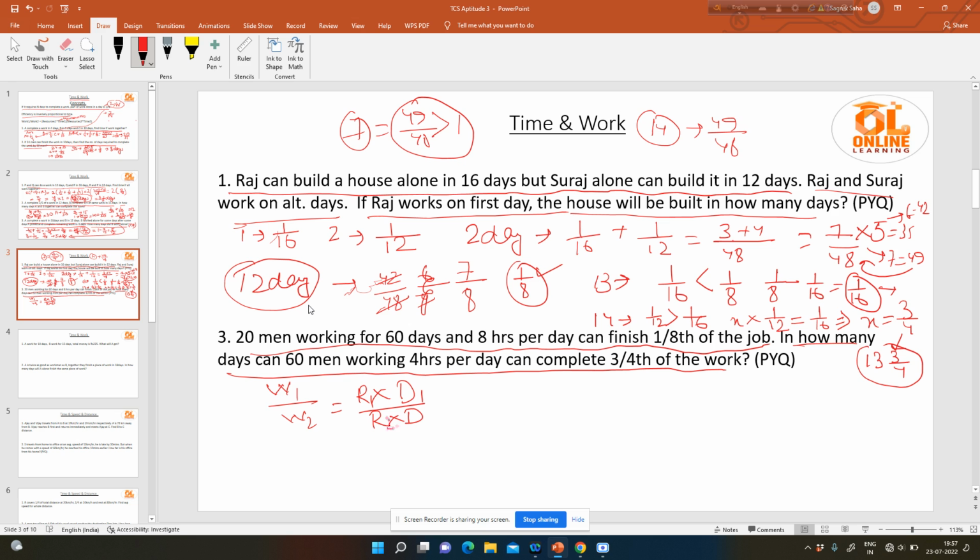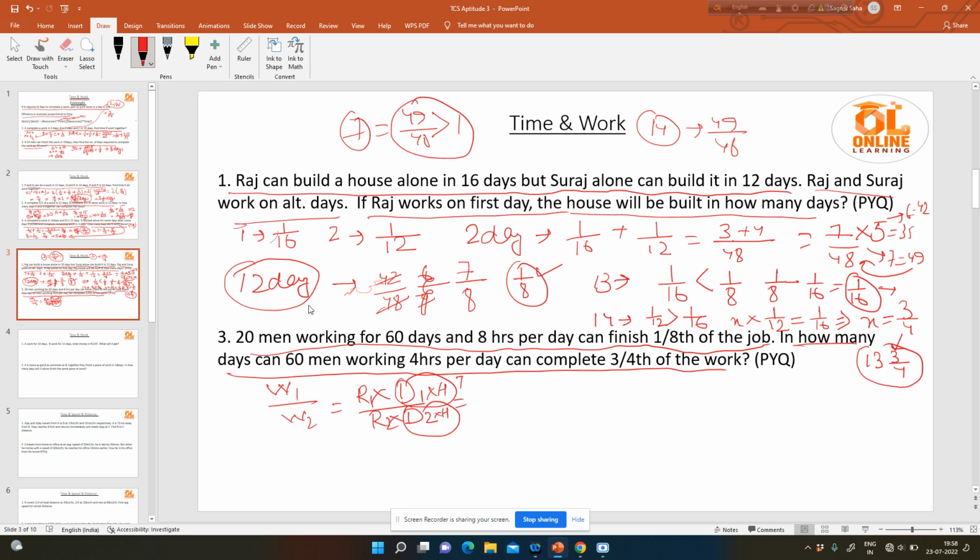Resource 1 into day 1, resource 2 into day 2. Here days is divided into days and also hours. So we will add hours to it. That is, it is the time.